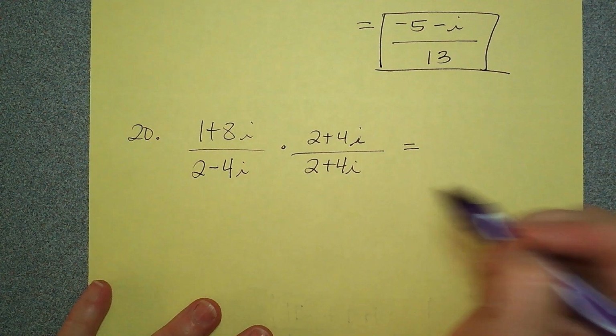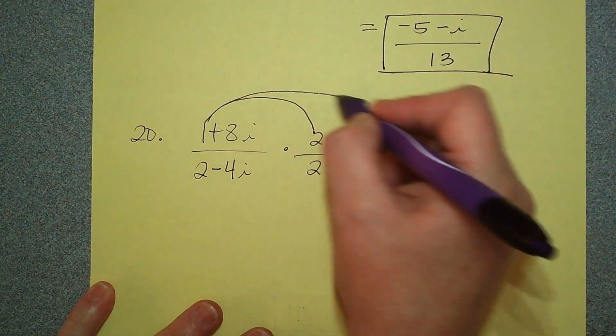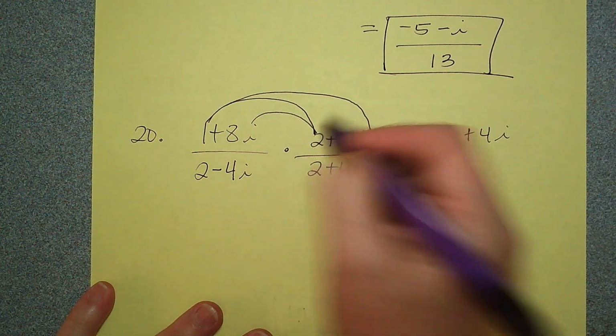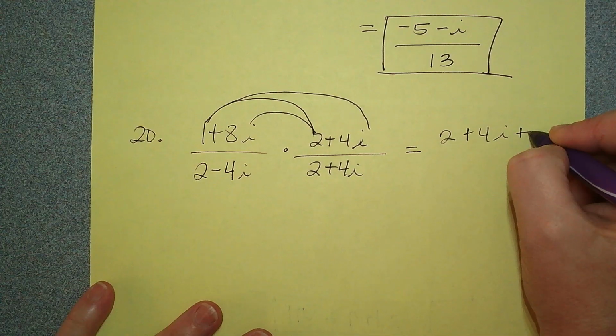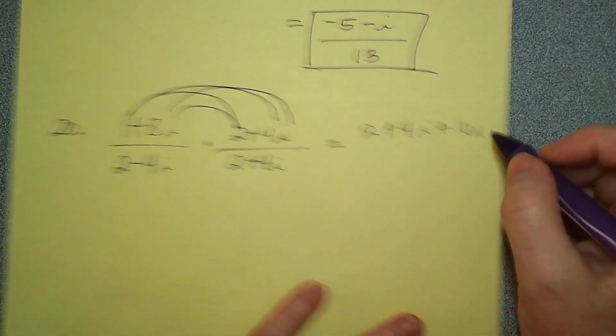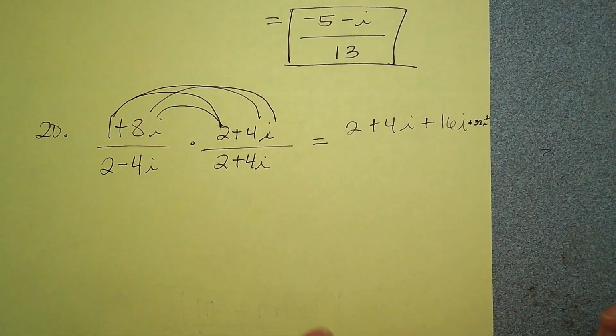So we're foiling both top and bottom. 1 times 2, 1 times 4i, 8i times 2, 8i times 4i is 32i squared. Ran out of room.